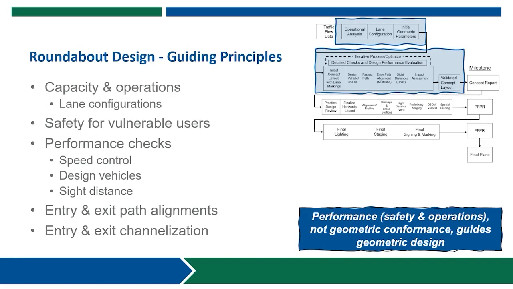The performance checks, making sure that we have adequate deflection and low entry speeds, that our largest design or check vehicles are accommodated, and that we're providing adequate sight distance for each approach. If we were working on a multi-lane roundabout, other considerations would be entry and exit path alignments and entry and exit channelization.